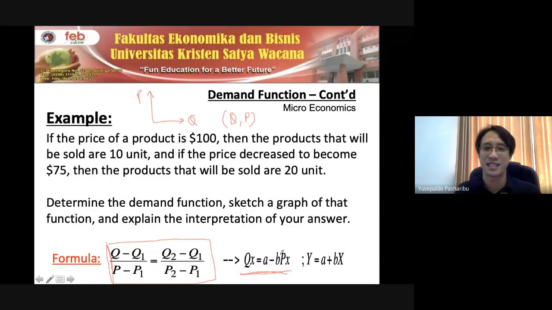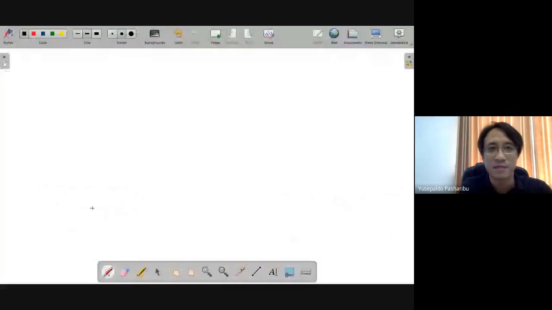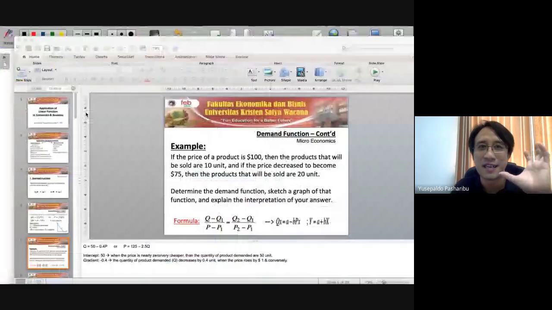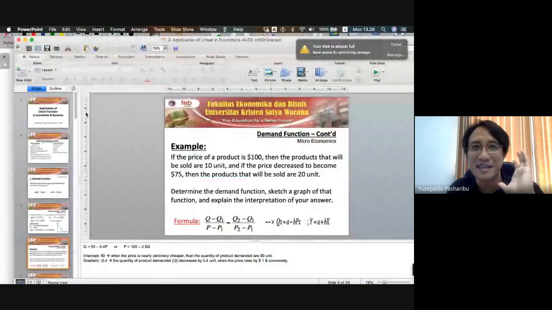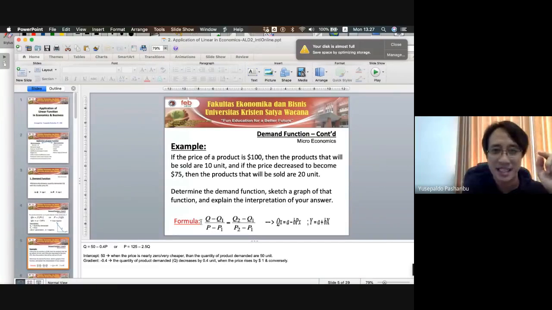Let's try to create this. Maybe I would like to skip this and open the board to type. Let's read and remember it sentence by sentence. The first one: if the price of the product is 100, remember, price 100, so P is 100.